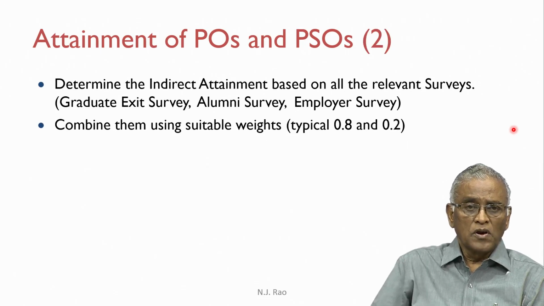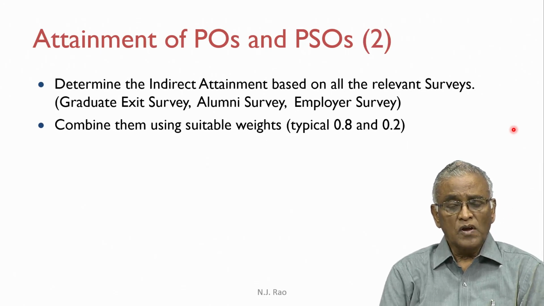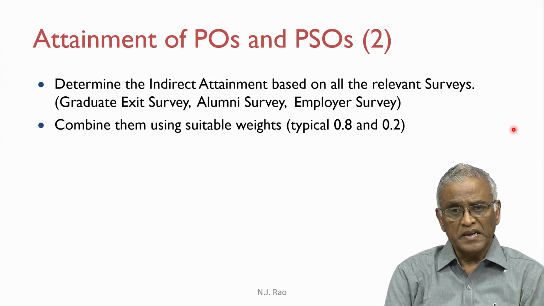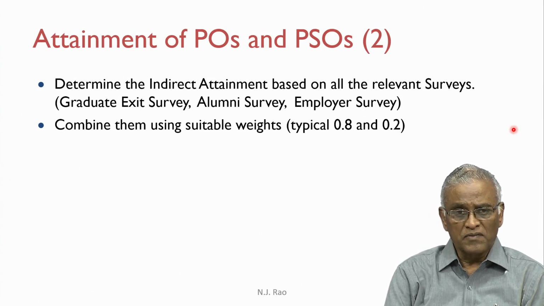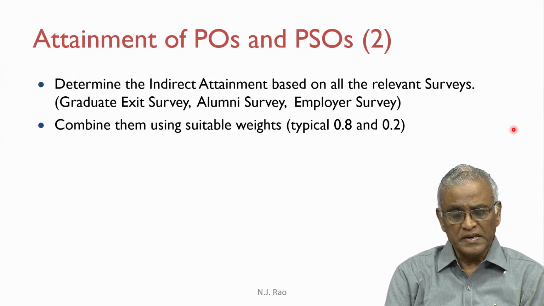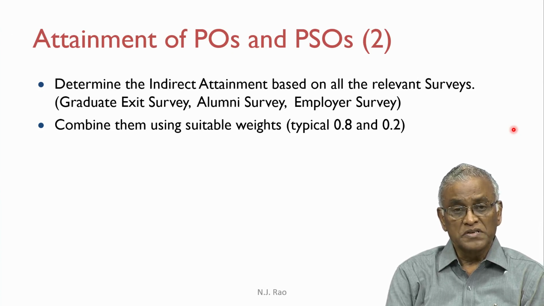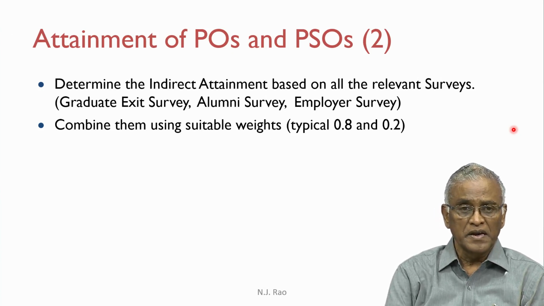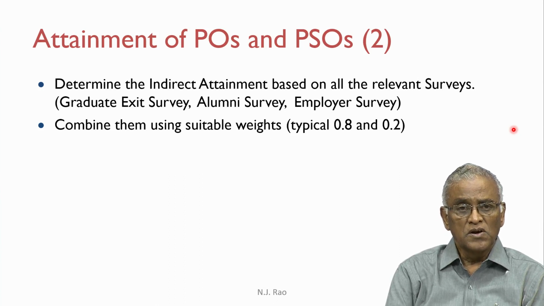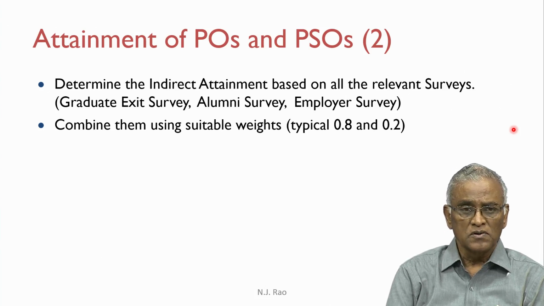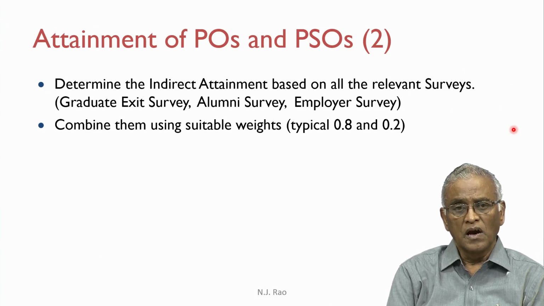Now, we also determine the indirect attainment based on all relevant surveys. What we showed is the direct attainment, and under the NBA accreditation process it is necessary to determine the indirect attainment through relevant surveys. These surveys will include the graduate exit survey, alumni survey, employer survey and so on.